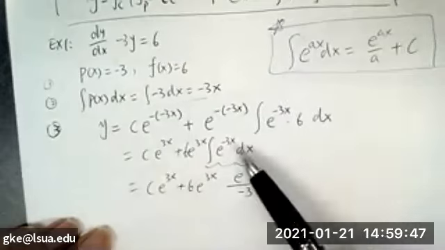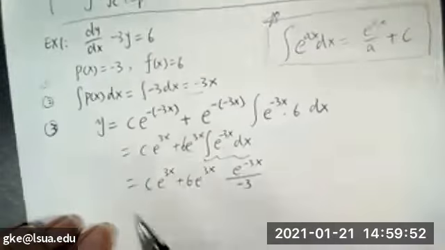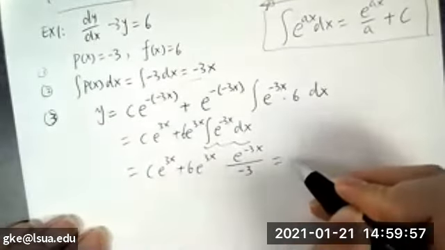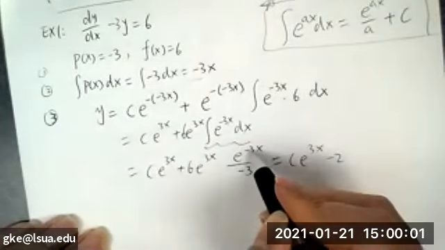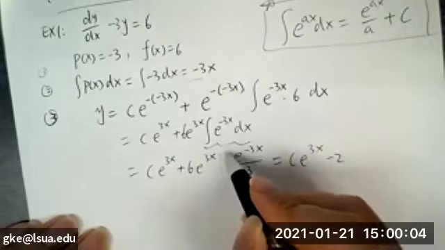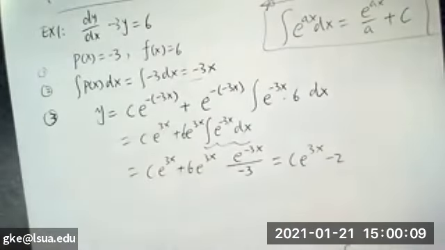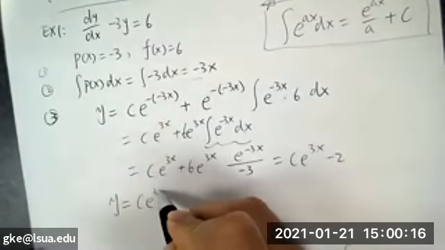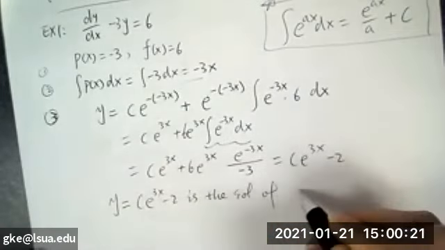Because here the a is -3, so divided by -3. And then you can simplify it. Here's a -2. E to the power 3x times e to the power -3x, 3x minus 3x, e to the power 0, is going to be 1, right? So the solution for this guy should be this one. So y equals this is the solution of the ODE.